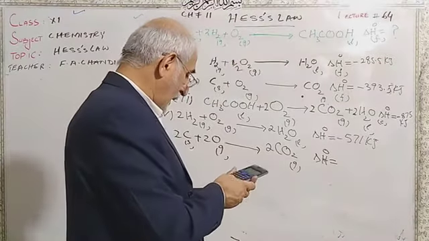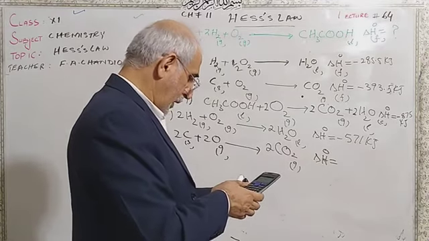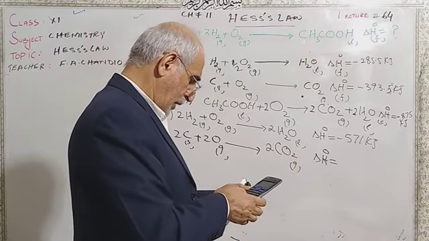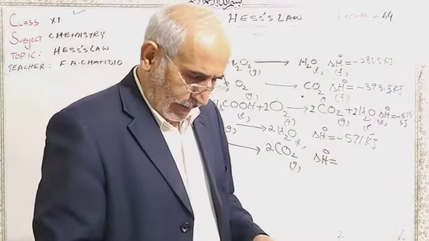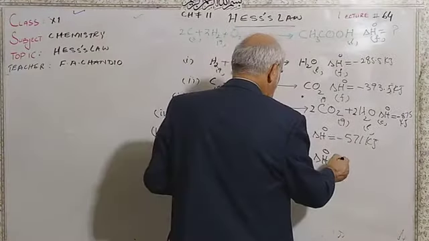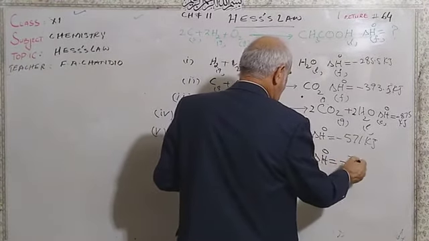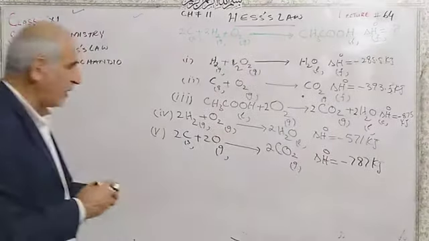So minus, don't put the minus, 393.5 multiplied by 2, the answer is 787. So minus 787 kilojoules. This is the multiplication.